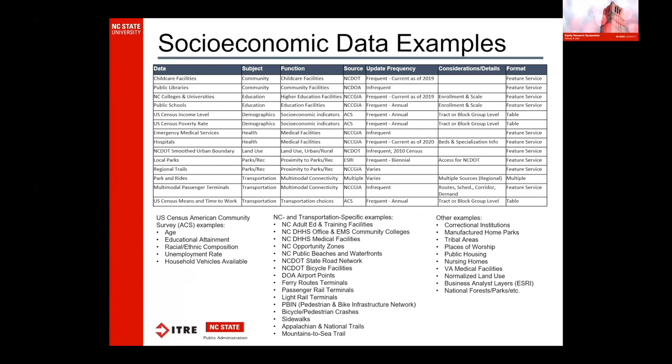And this is just an example of some of the data that we've looked at potentially incorporating. We won't be able to incorporate all of it, because there's a lot out there, but just for example, how does somebody's age maybe relate to how a project could benefit them or hurt them potentially.